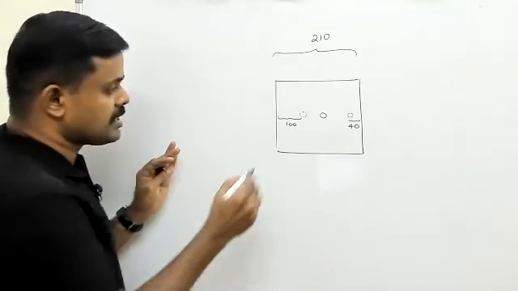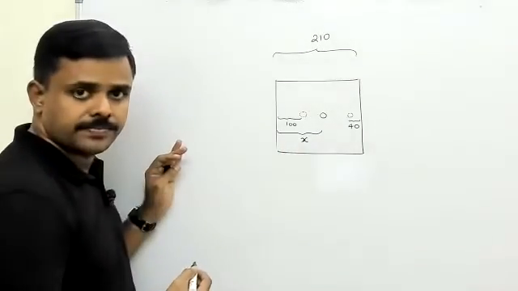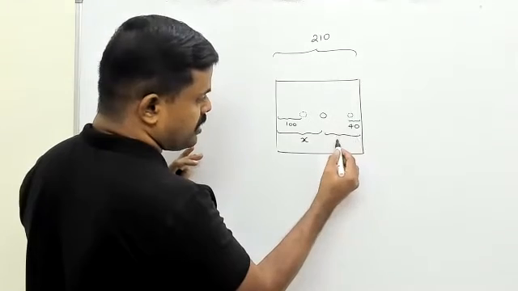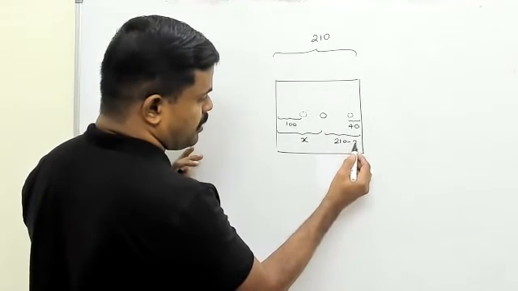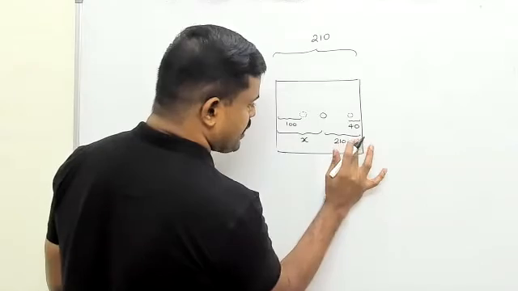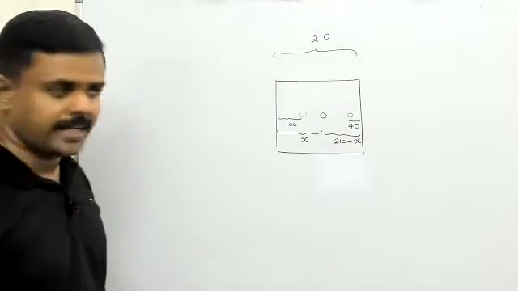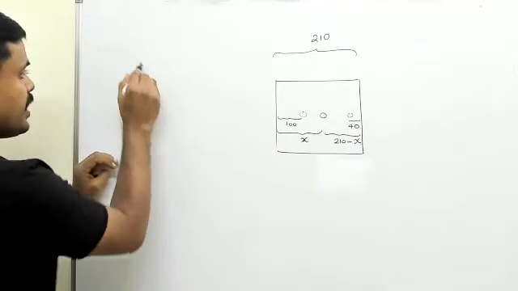I am taking the actual distance from the first surface as x. So from the second surface, the actual distance is 210 minus x. Now I can write the refractive index equation.